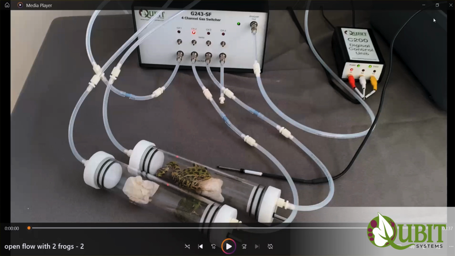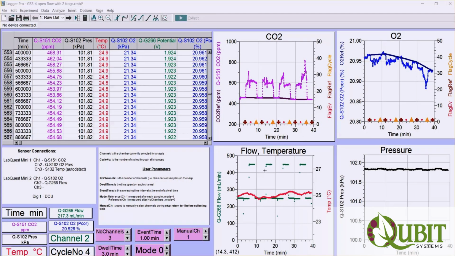So I will close that now, and here is the data file from that experiment. You're looking here at page 1, which shows raw data. There are 3 pages in our experimental files. At the bottom here are user parameters, these purple boxes, and these are parameters that have to be set up during your experiment, and before, some of them have to be set up before start of the experiment.